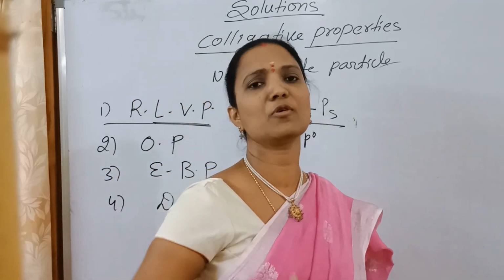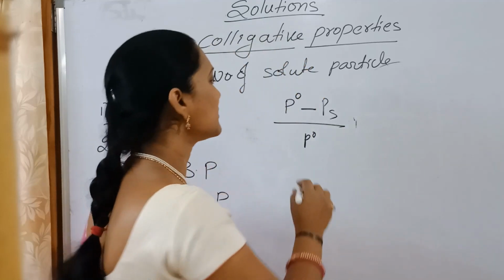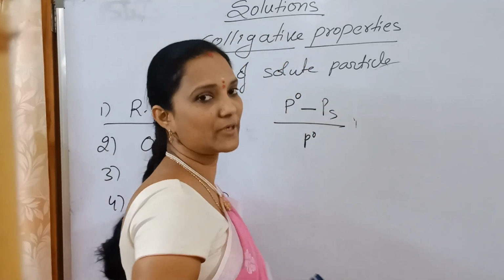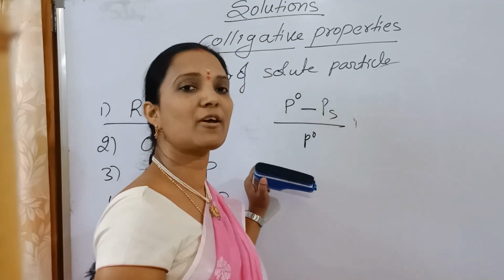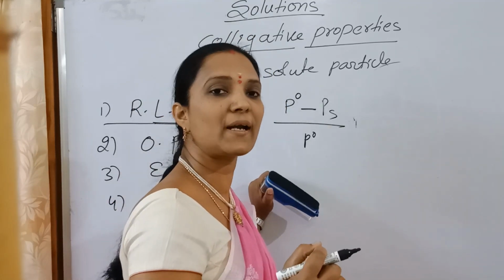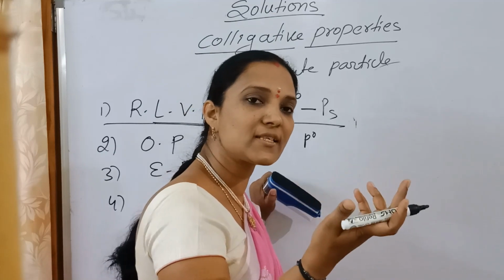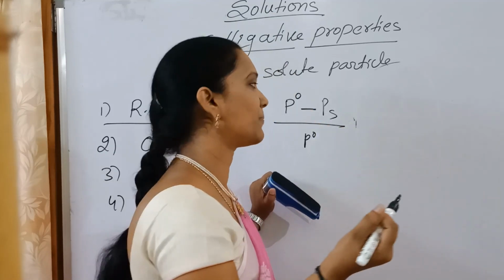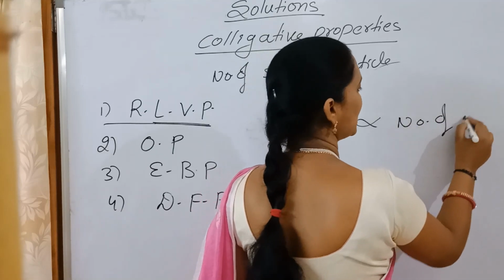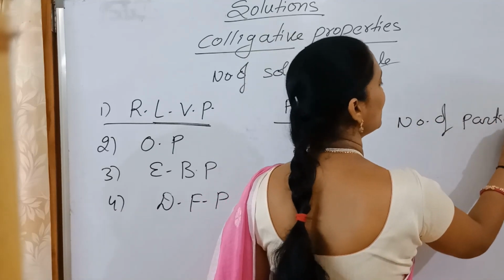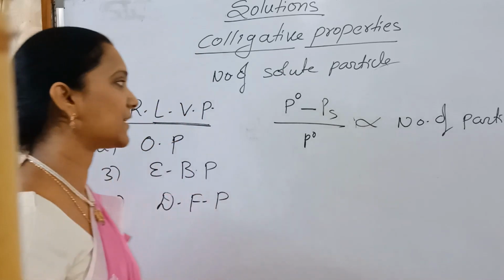So this relative lowering of vapor pressure is a colligative property. Nothing but it is directly proportional to the number of particles.